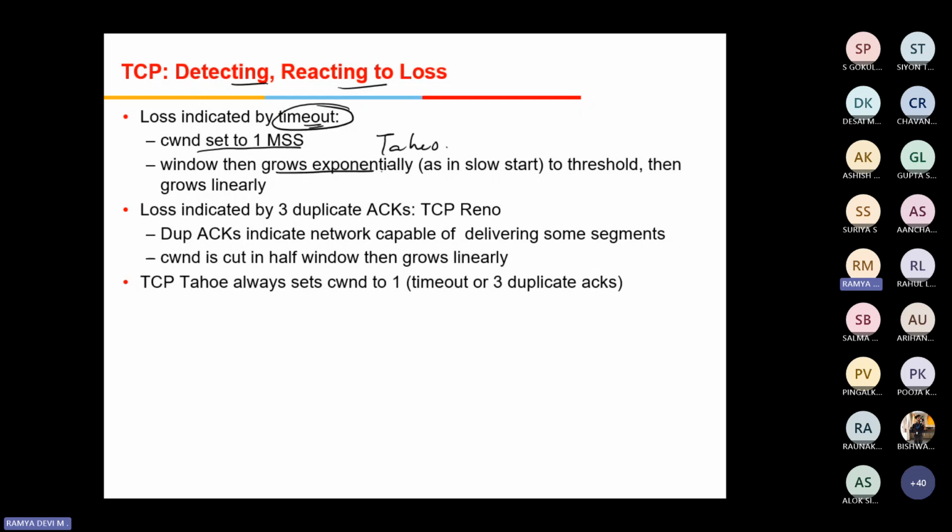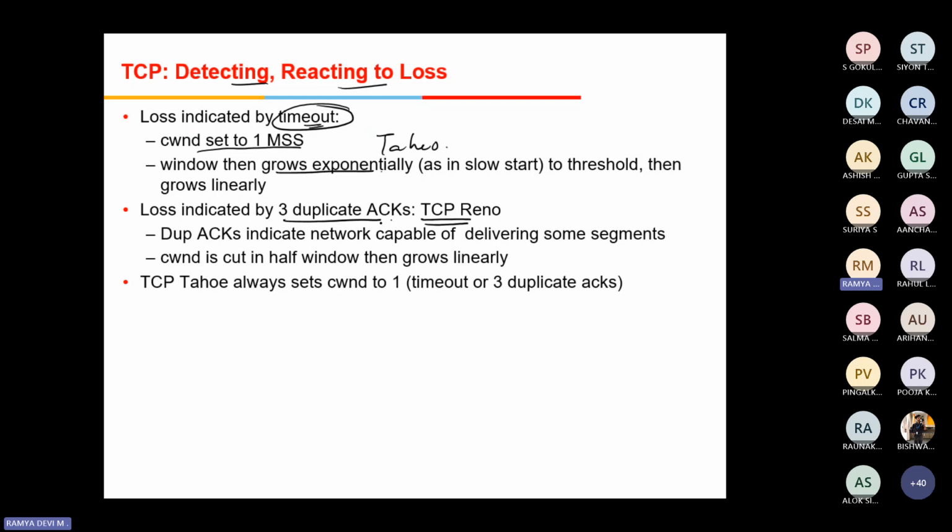But how does TCP Reno work? Reno works in a different way. If three duplicate acknowledgements are received, TCP Reno understands this did not happen due to congestion.